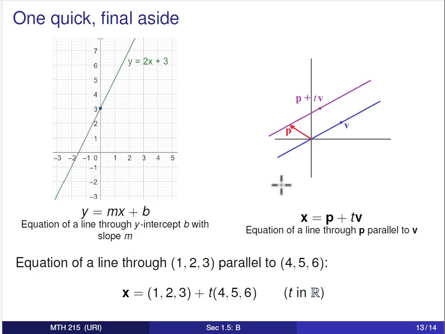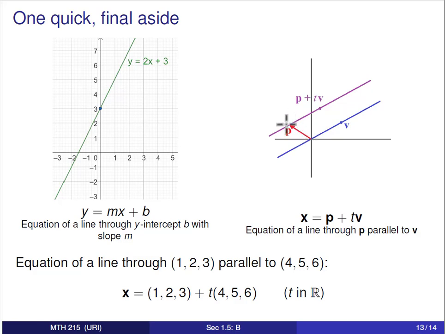Okay, now for the same reason, when you want to talk about the equation of a line through p parallel to v, we basically have the same situation. Remember that b, our y-intercept, told us where to start. In this equation, p is a vector that tells us where to start. We're going to first step away from the origin in the direction of p, and then we're going to add t times v, and v is the vector we're supposed to be parallel with.